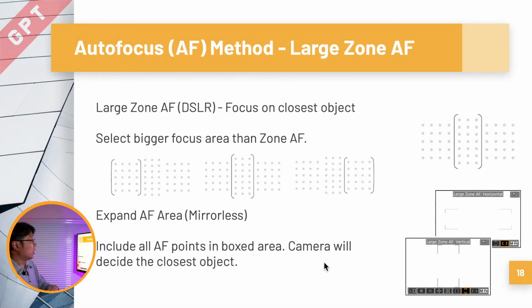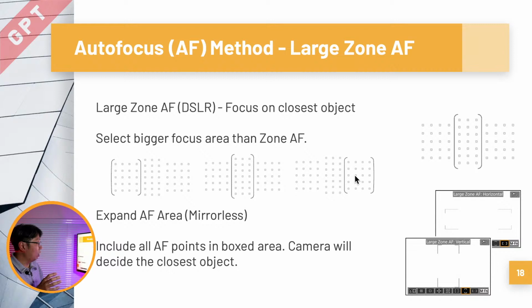And then the next one, larger zone AF. Same idea. It will tend to use more sensors, no matter this way, that way, or that way, and then you choose in that sensing area the closest subject to focus on. For the mirrorless world, it's still the same, vertical or horizontal, and you can move that box up and down or left and right any way you want.